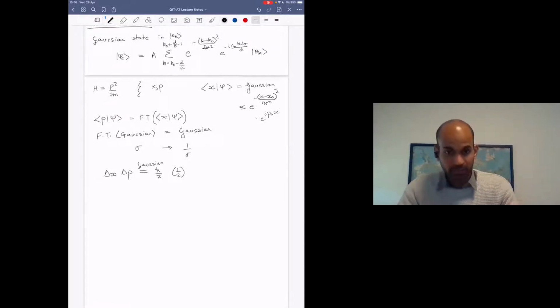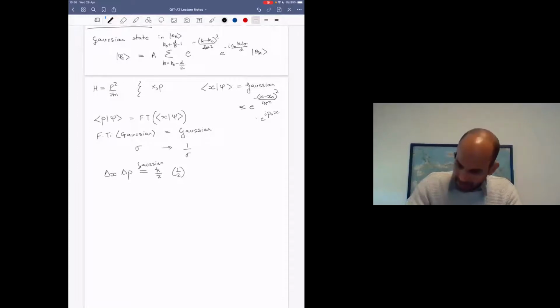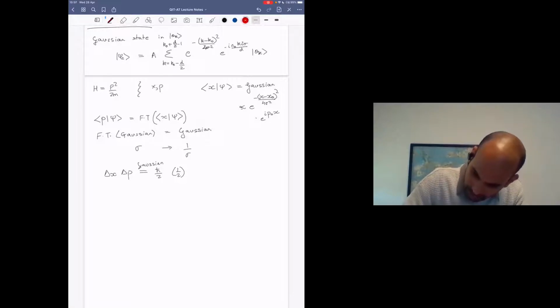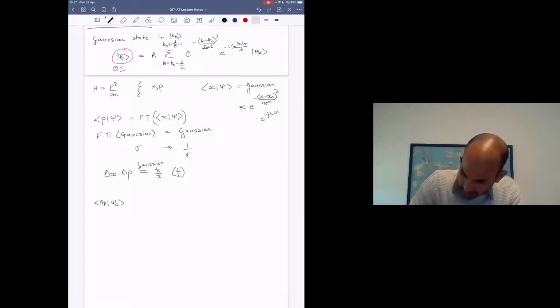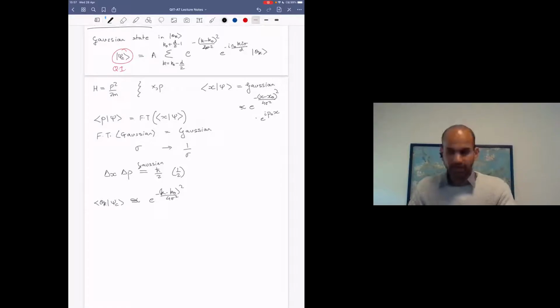the Gaussian state that we've taken for the clocks is that it also satisfies something very similar, in the sense that I can see, and I call this my quasi-ideal clock state, that if I take theta k psi c, by definition, this is a Gaussian, with 4 sigma squared, right, times something which is a phase.